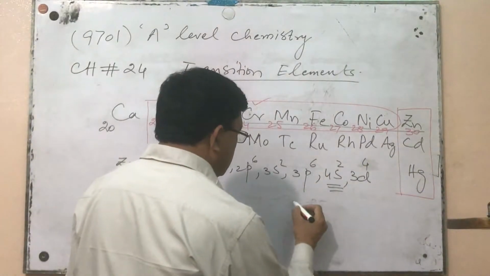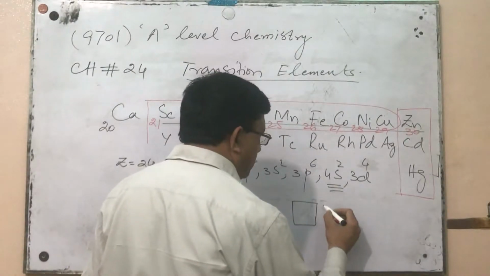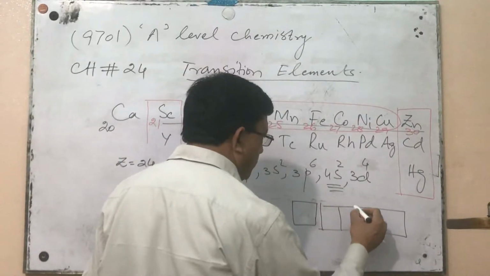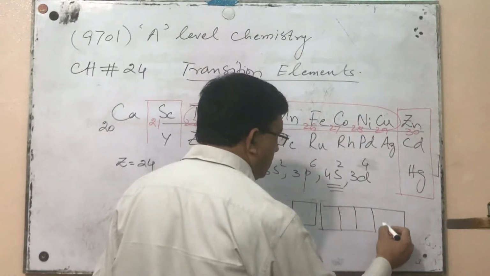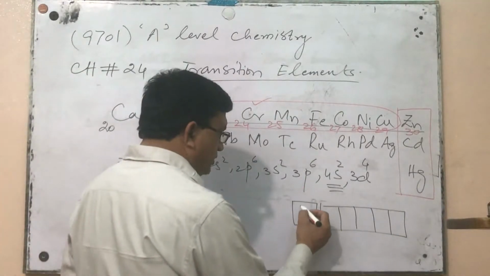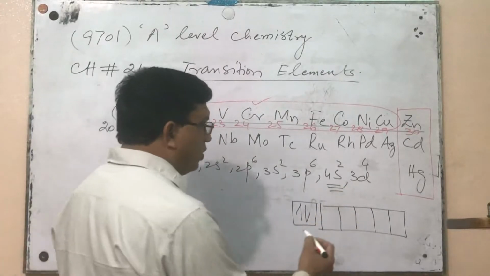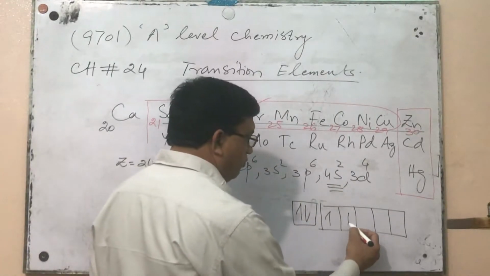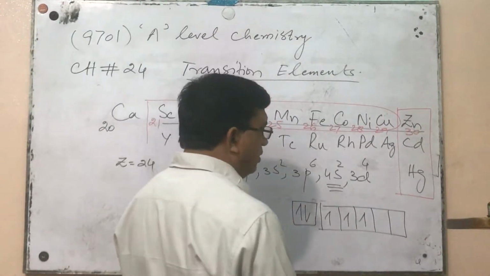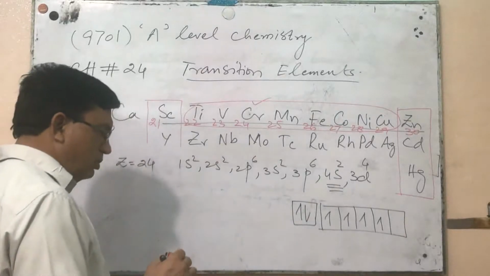If we draw one box for 4s, and 5 boxes for the d electrons, each box represents one separate orbital. The 4s electron can be represented here. And if 4 electrons come according to Hund's rule, all these electrons will remain separate in different orbitals rather than becoming paired in the same orbital.